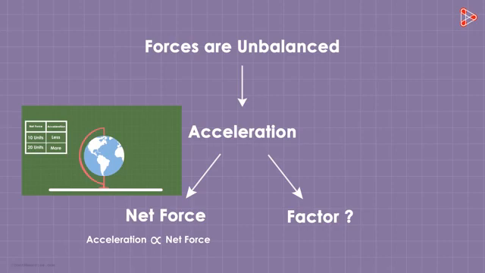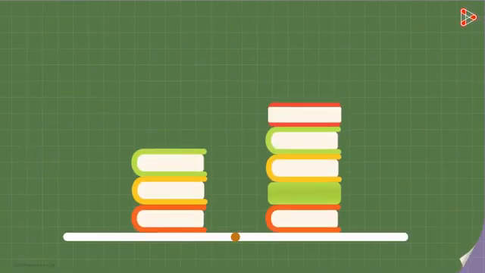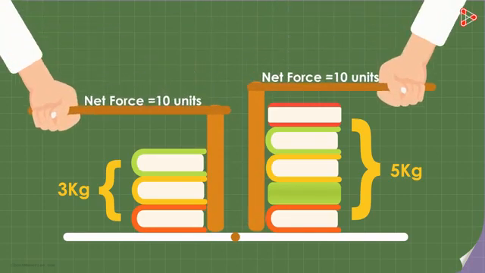Come on, now I want you to think about the second quantity the acceleration will depend on. Let's say there are two objects on the table. One has a mass of 3 kilograms and the other has a mass of 5 kilograms. Now, if you apply net force of 10 units to each of them, which one do you think will accelerate more?